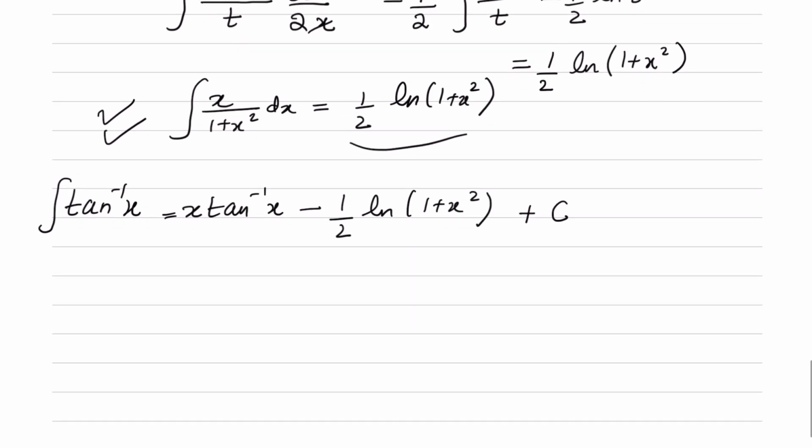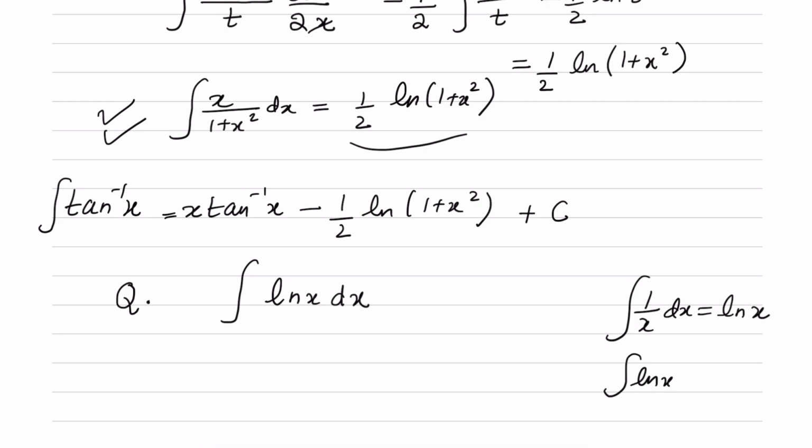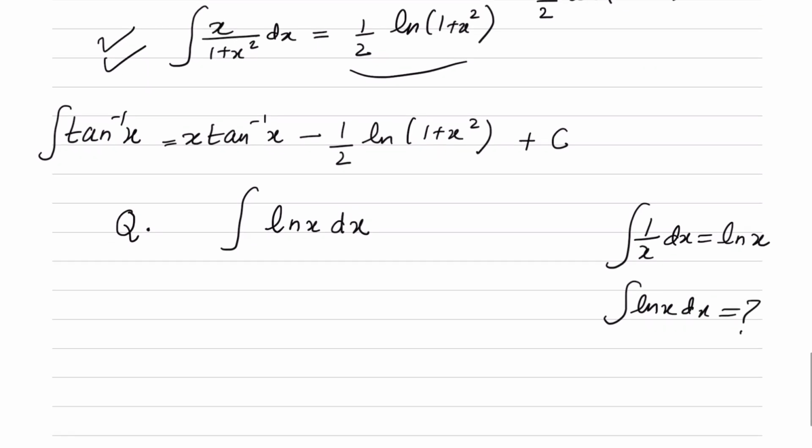Let's attempt another question. We have to solve this integral of ln x. We know that the integral of 1 over x dx is equal to ln x, but we don't know the integral of ln x. For this we are going to use integration by parts. But for integration by parts we need two functions, and here we just have ln x.